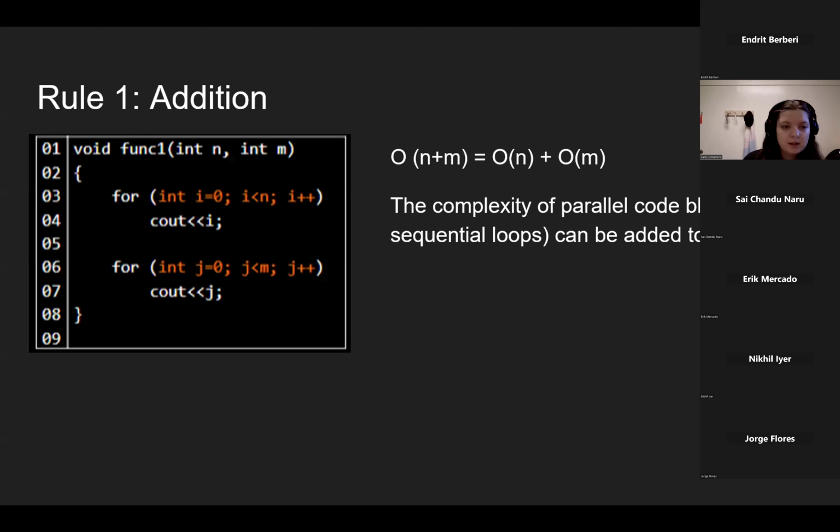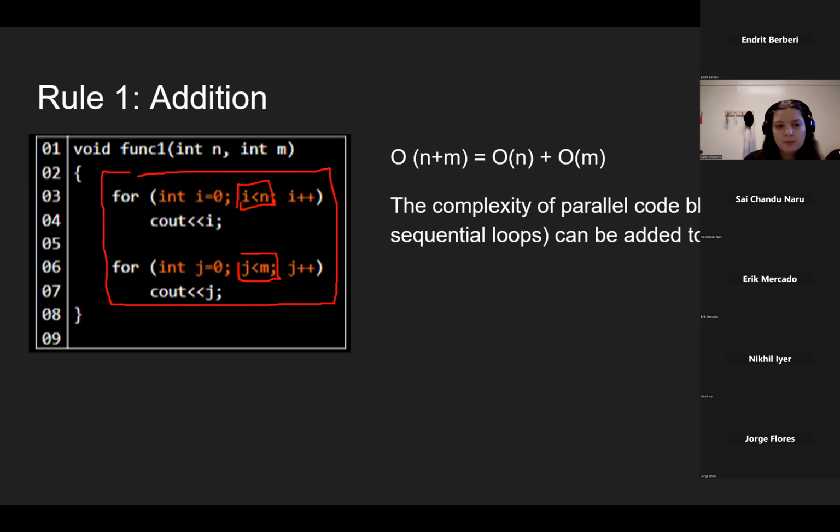If you have something like this, for example, where we have two non-nested for loops, one executes until i is n minus 1, the other one until j is m minus 1. The time complexity of this algorithm depends on both n and m. So you're going to have to reflect that in your big O notation.